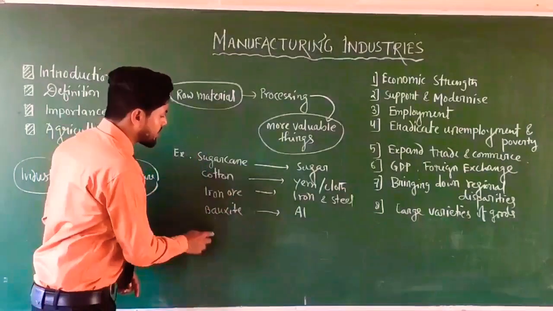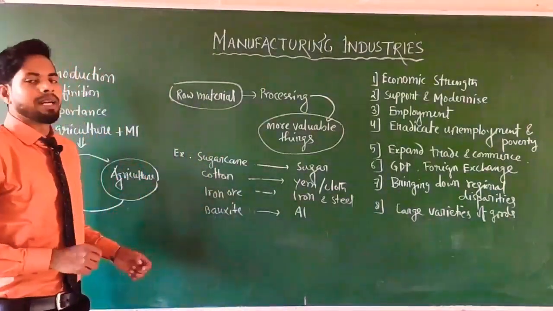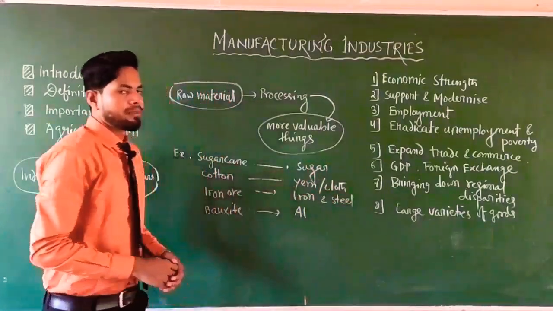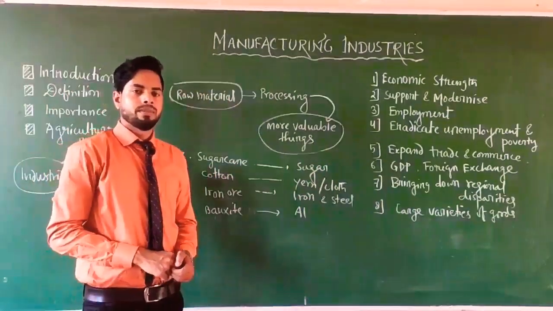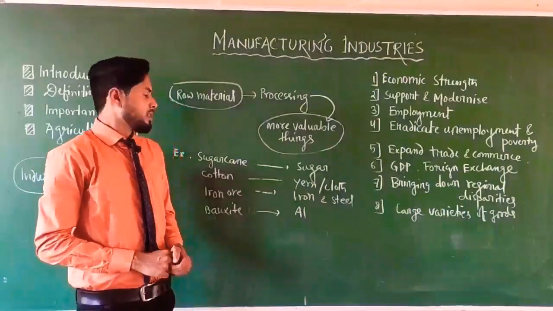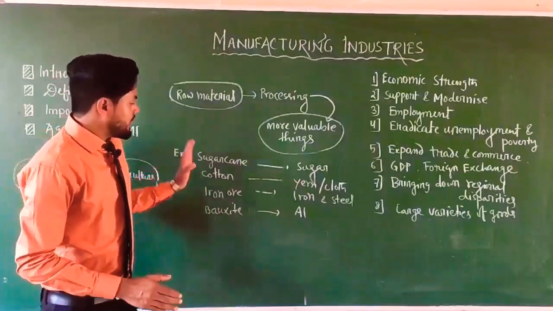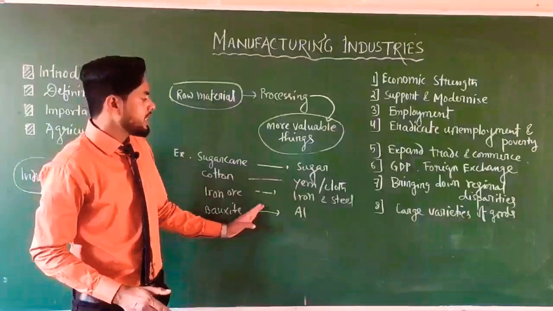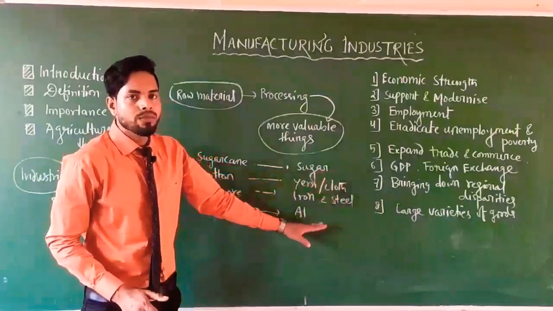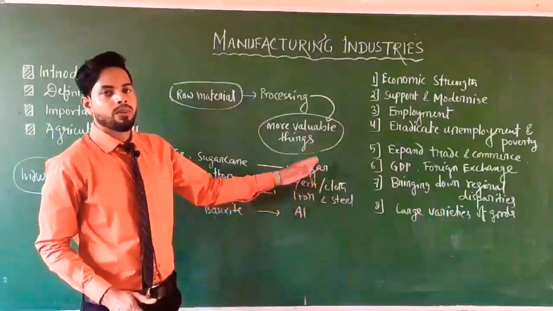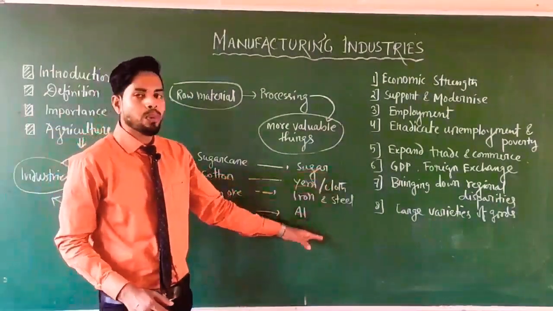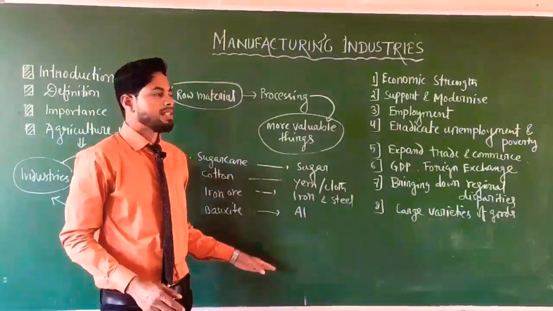So these are the raw materials and these are the industrial products, or manufactured products. This raw material we process by using machinery and convert into more usable, more valuable and more refined finished products. So these products are so important for us.